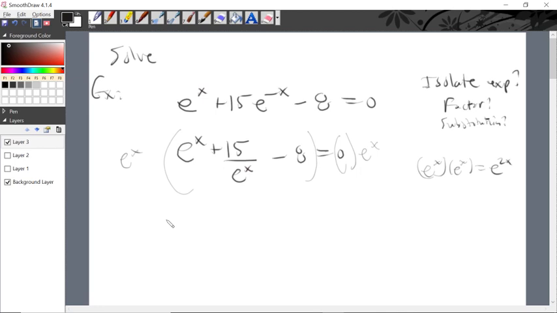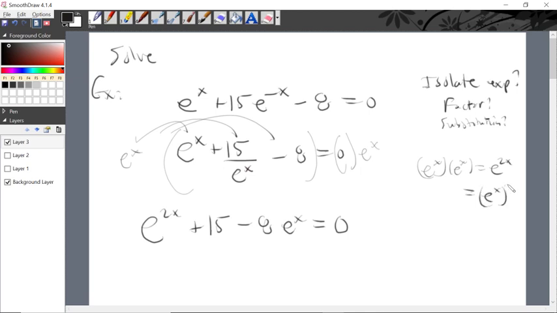You would add the exponents together. Okay, so in distributing, we're going to get e to the 2x plus 15, because there e to the x cancels e to the x, minus 8 e to the x is equal to, well, 0. Okay, also e to the x times e to the x can be written as e to the x quantity squared. Right? So it's something squared.